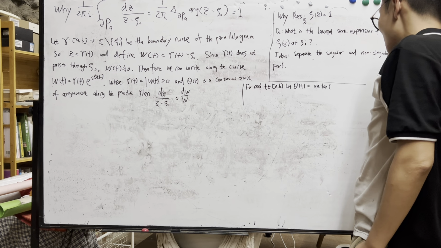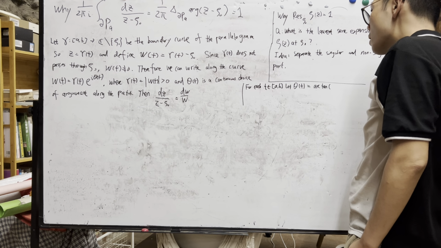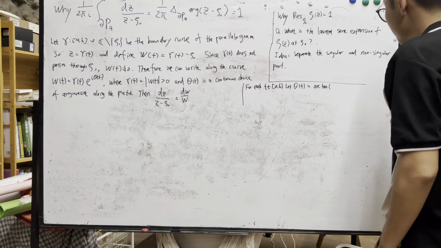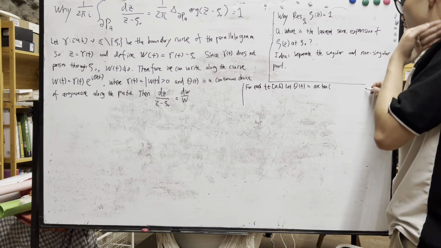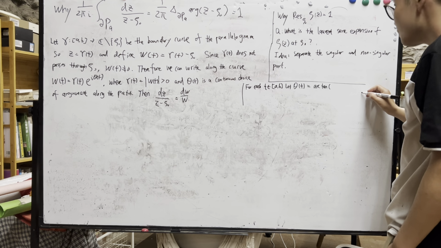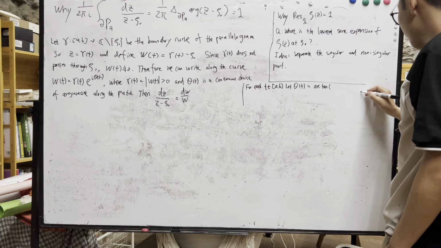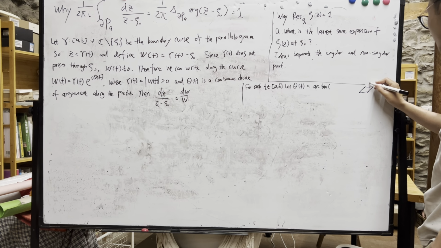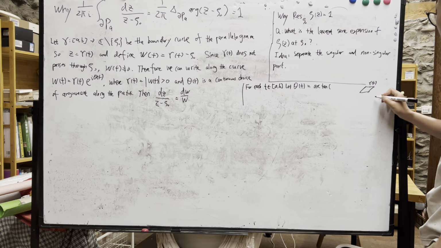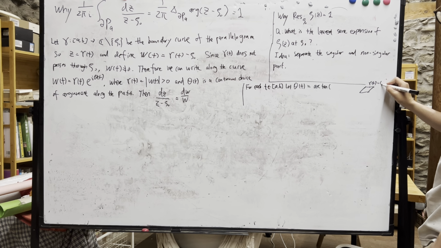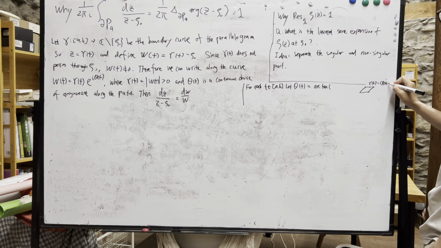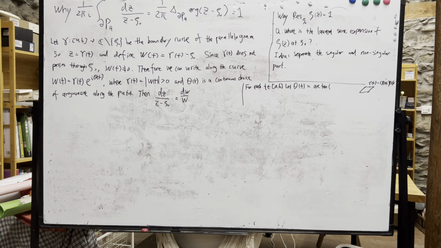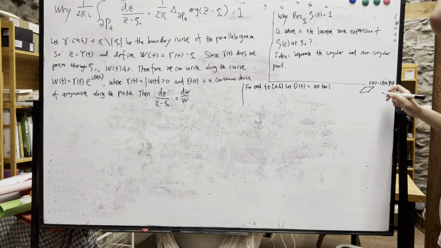So what do I really want? Here this is a parallelogram, right? For each t, I have gamma of t equal to, let's say, x of t comma y of t.